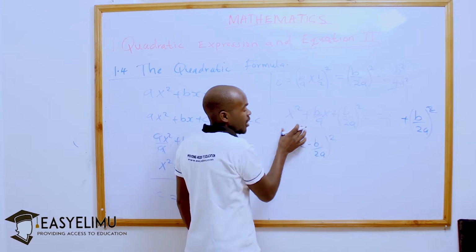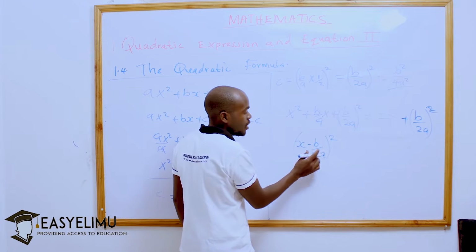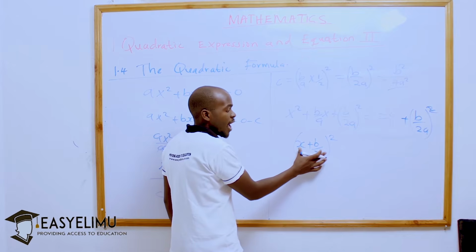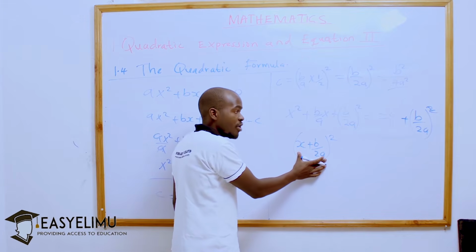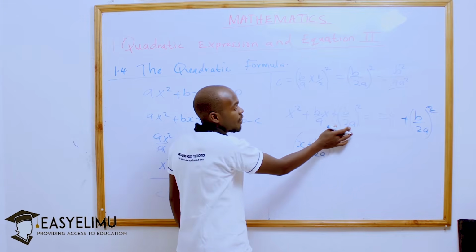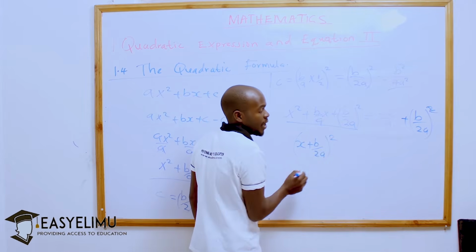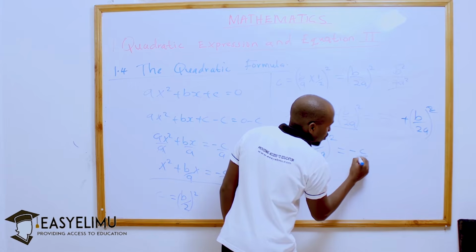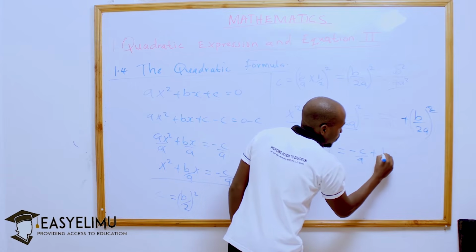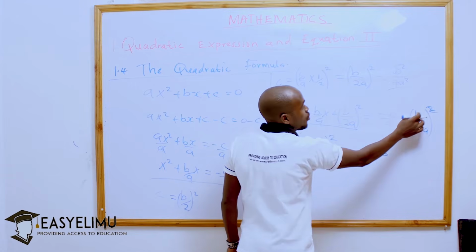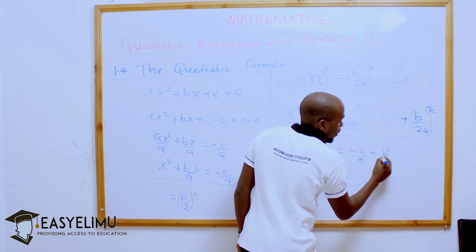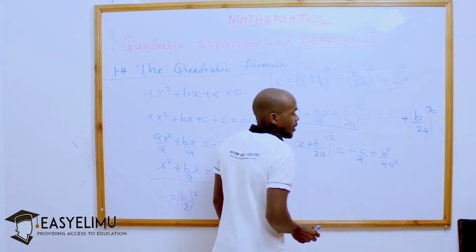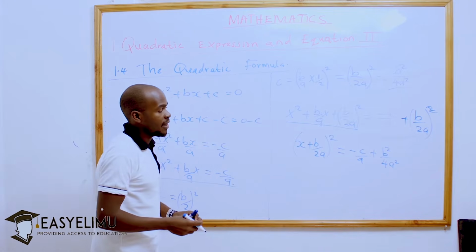If you expand this expression on the left hand side, you still find the same expression as we have here, with c over a and b squared over 4a squared. Now that is what we are getting there.